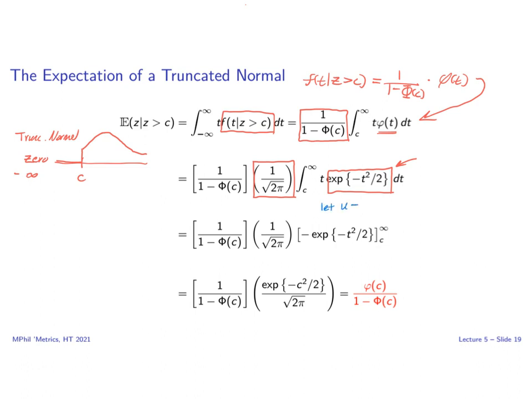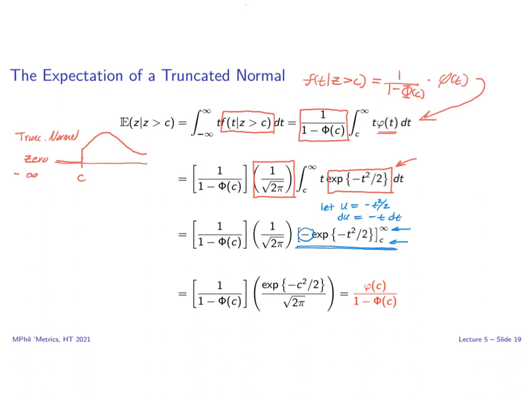Now we'll evaluate this integral by substitution using the change of variables u equals minus t squared over 2, which implies that du is equal to minus t dt. So pulling a minus sign in front, we obtain the following, where we need to evaluate now from c to infinity, substituting back in for u rather than changing the limits of integration.